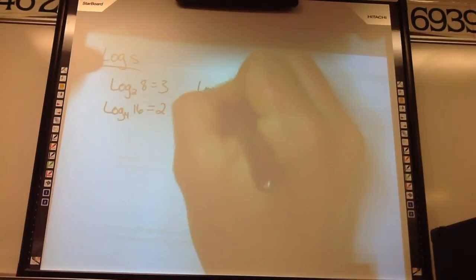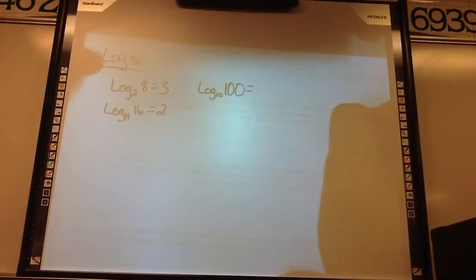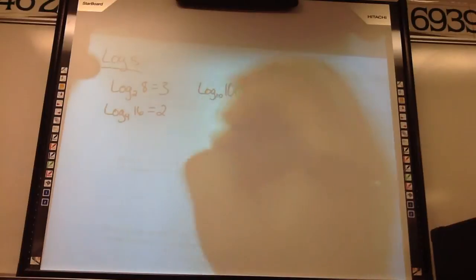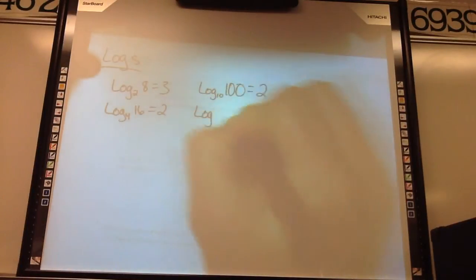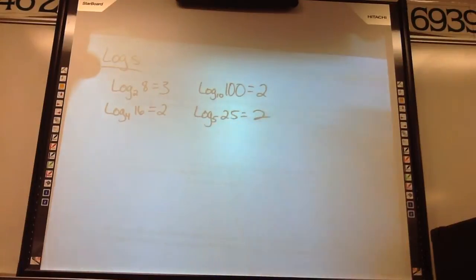Log base 10 of 100. It's 2. How many times you multiply the little number by itself to get the other number, right? Log base 5 of 25. It's 2.